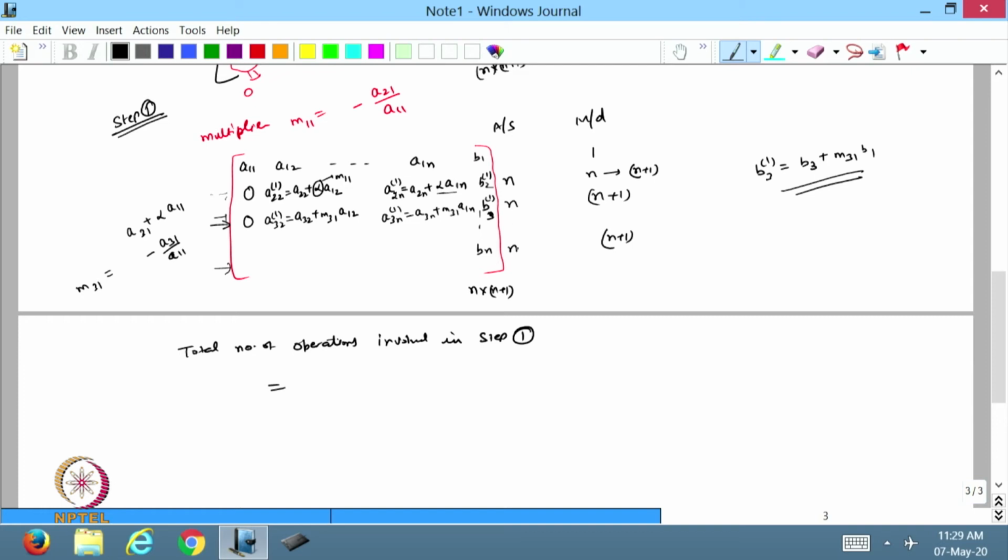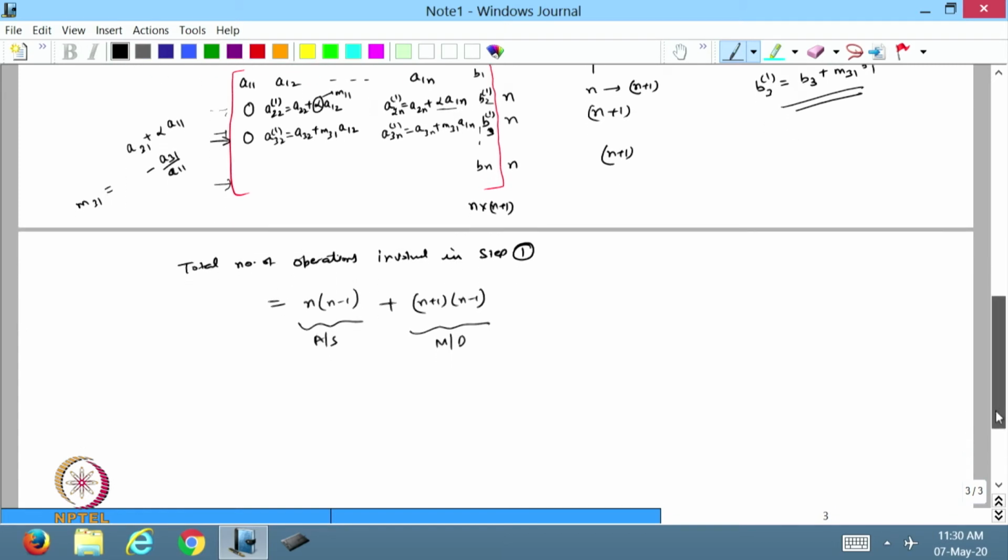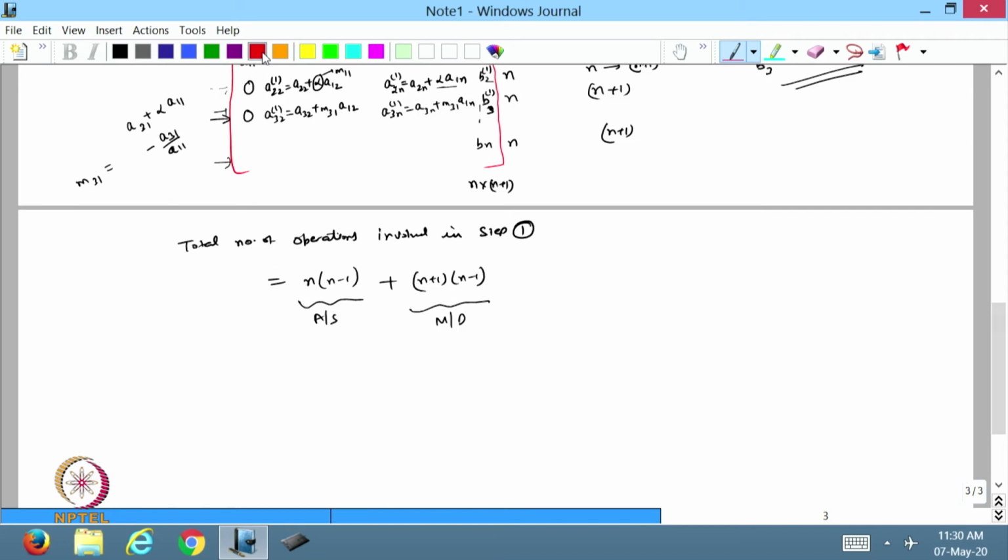So, now this is n, and you can see that there are n rows and the first row I am leaving. So, it will be n plus n minus 1 times. So, I can write that this is n minus 1 times n, that is my addition or subtraction count, plus n plus 1 into n minus 1 times, and that is the multiplication or division count. So, these are the total number of steps involved in step 1. Now, let us do the next one, step 2.